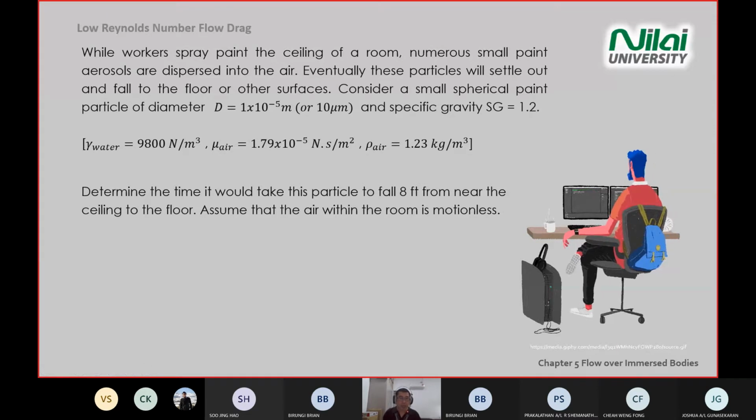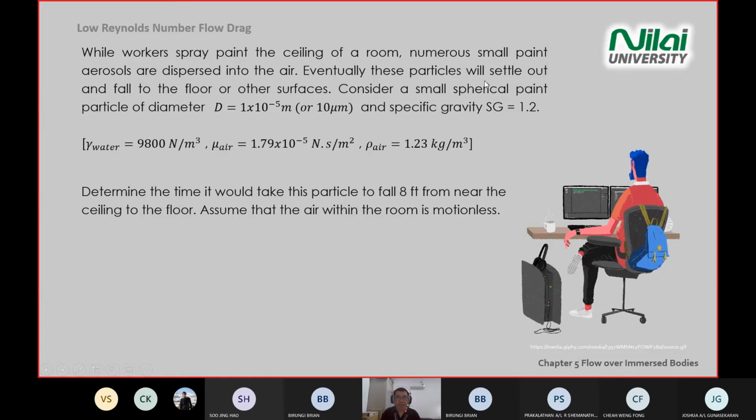It's an application of low Reynolds number flow drag scenario. So this scenario is where workers spray paint, and we focus on the paint particles. So numerous small paint aerosol dispense into the air.